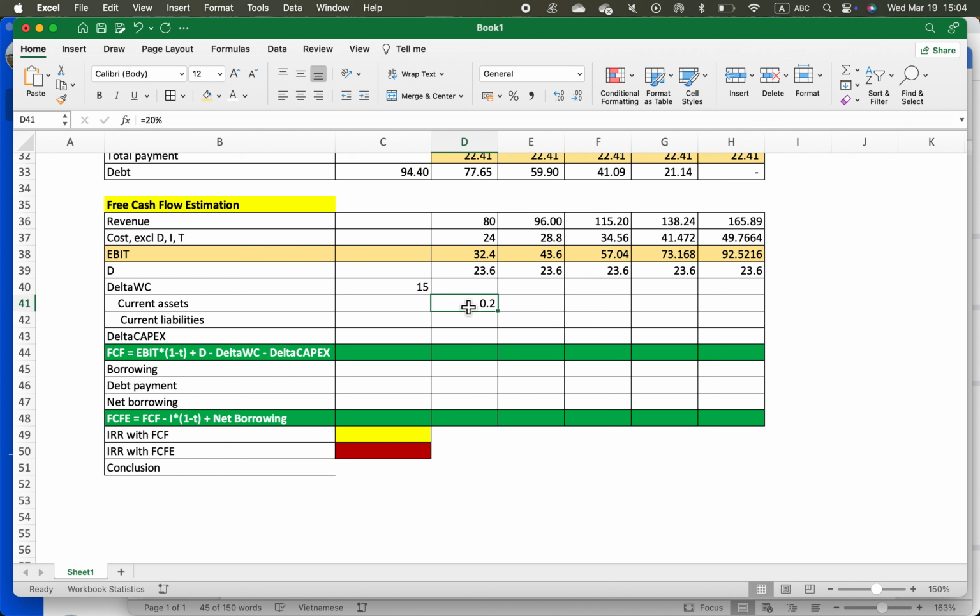Okay, receivable. So it equals 20% multiplied by revenue, which is receivable, and receivable is current asset. Okay, that's the increase. And current liabilities could be 0 because we don't have any information on that.